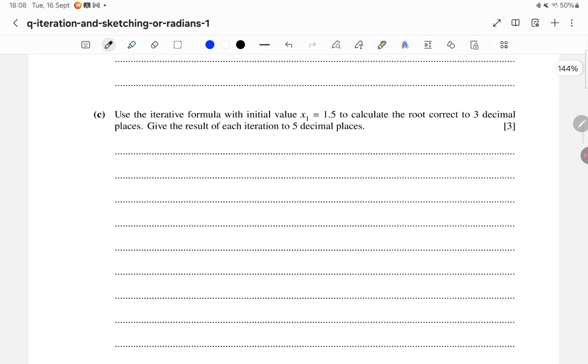So they're saying use the iterative formula with the initial value of x1 equal to 1.5 to calculate the root correct to 3 decimal places. Give the result of each iteration to 5 decimal places. So they're telling us to start with 1.5, and I'm going to write 4 extra zeros here.